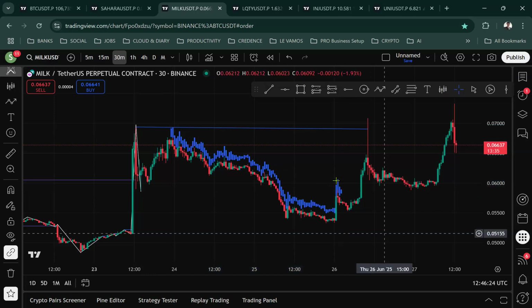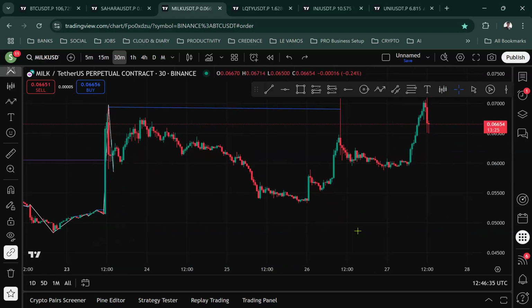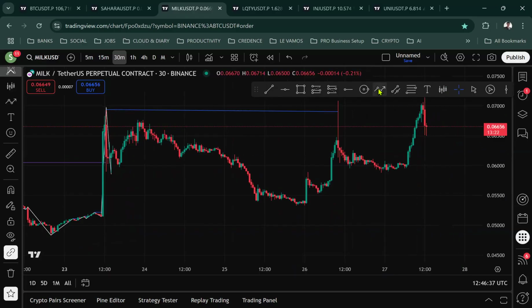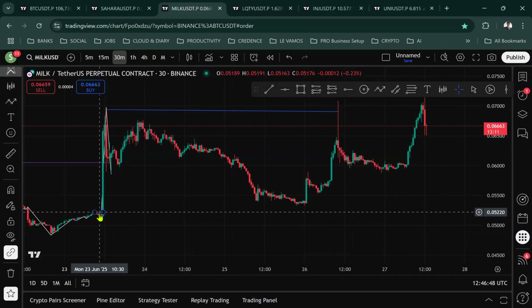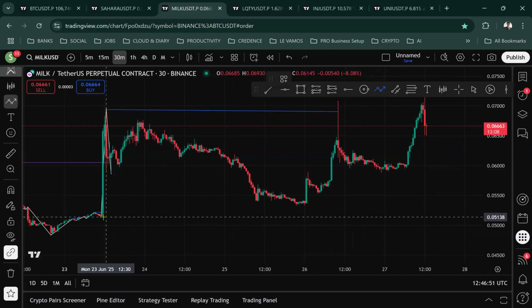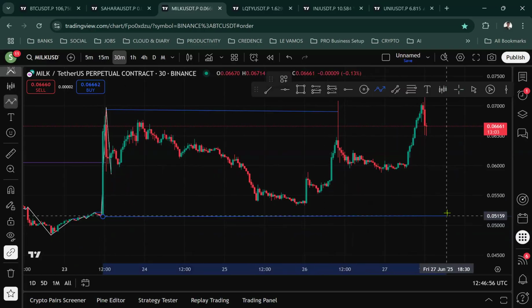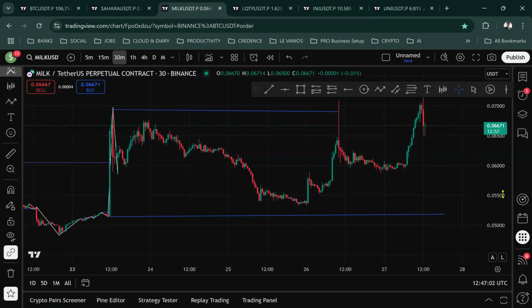Can we say inside bar candles only? Because I cannot draw, because here also, if you see, it's all inside only. So it depends.